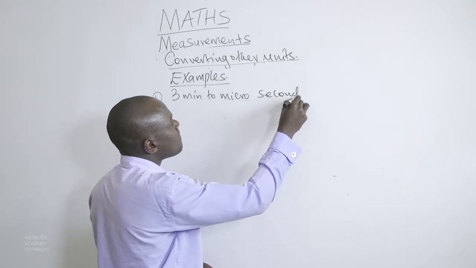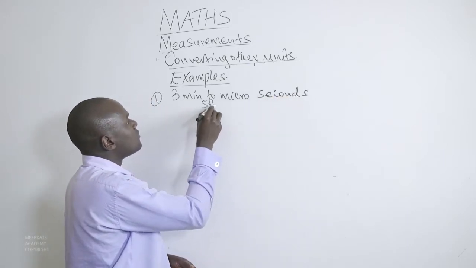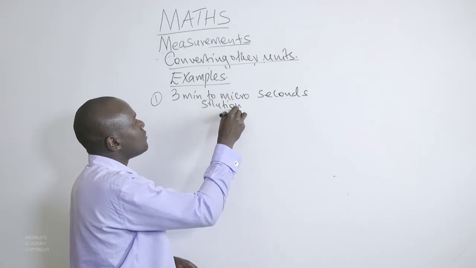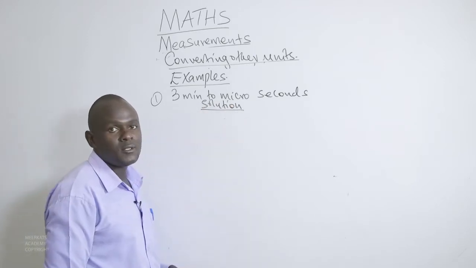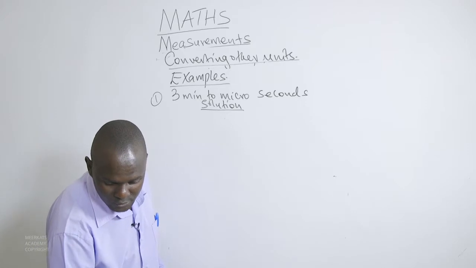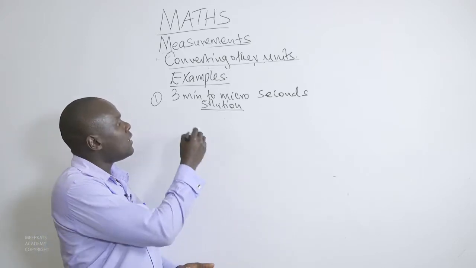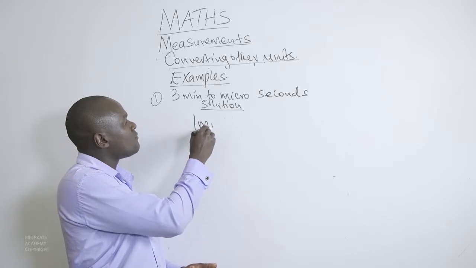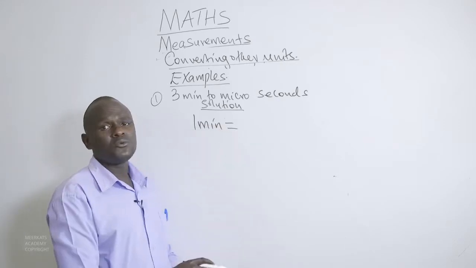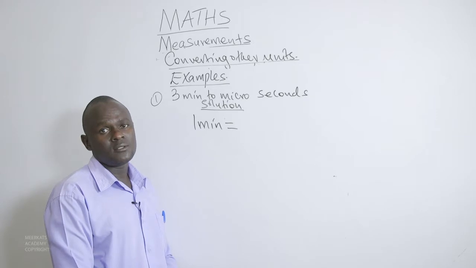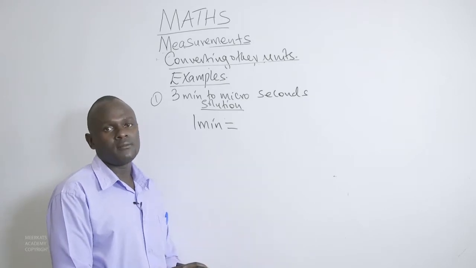Microseconds. Three minutes to microseconds. How do we do that? We start by looking at our 1 minute. 1 minute is equal to how many seconds? These are units of time.